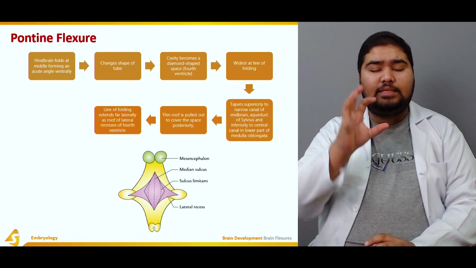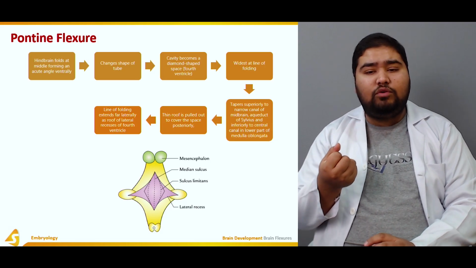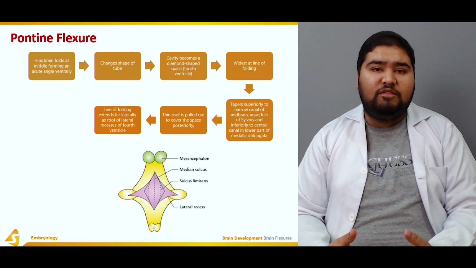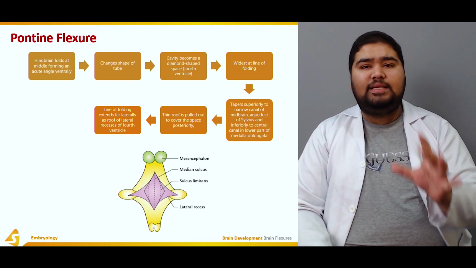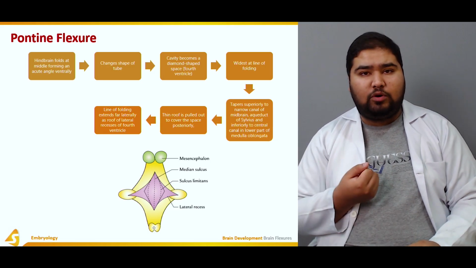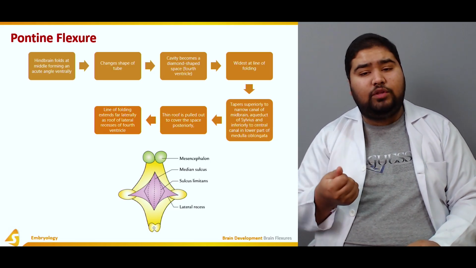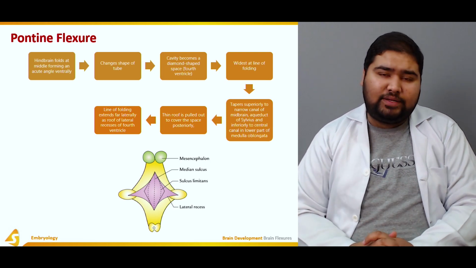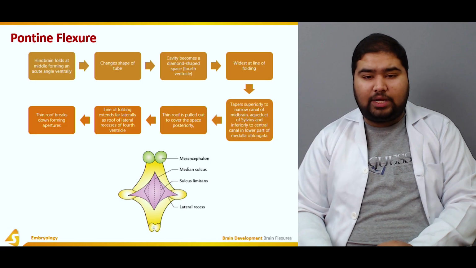This posterior expansion of the roof finally forms the roof of the recess of the fourth ventricle. What you need to understand at this point is that the roof is being pulled out posteriorly, and this pulling out of the roof helps in the formation of the roof of the lateral recess of the fourth ventricle.